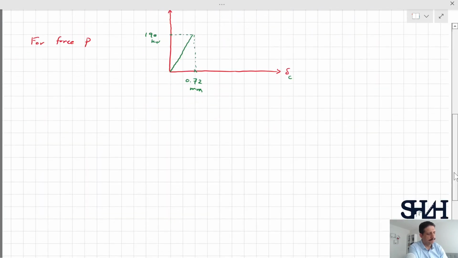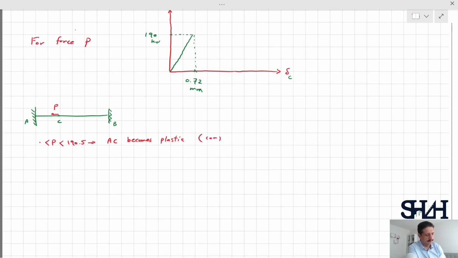Next. I sketch the element one more time. This is point C, A, and B. So I increase the load force from 0 to 190.5, and then AC becomes elastic. It is better to write down that it is in compression.